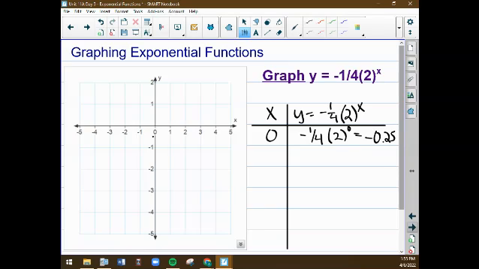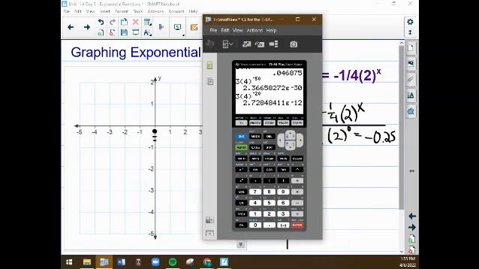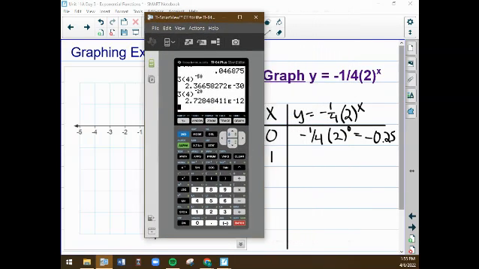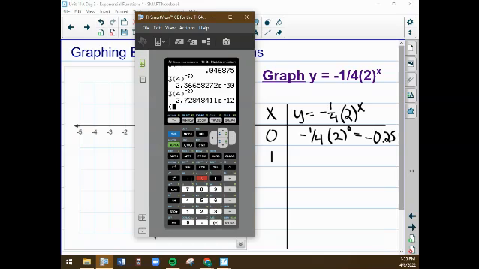So that's like, if that was half, it'd be like right there. When I plug in 1, I want to see what happens. When I plug these in, I need to make sure I put negative 1/4 in parentheses. And I want to multiply that by 2 to the power of 1. And I get negative 0.5.